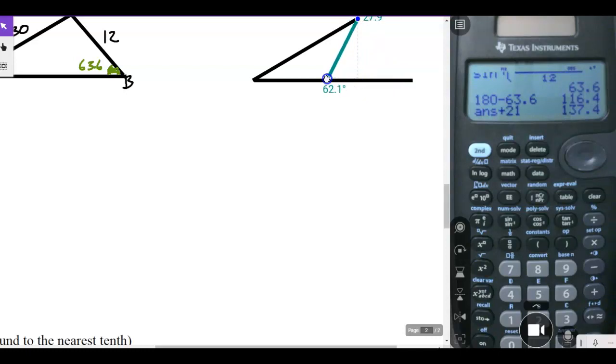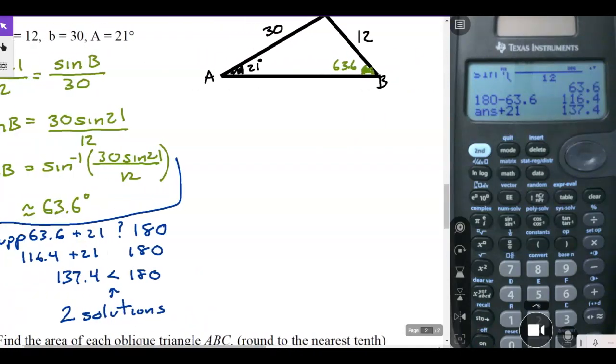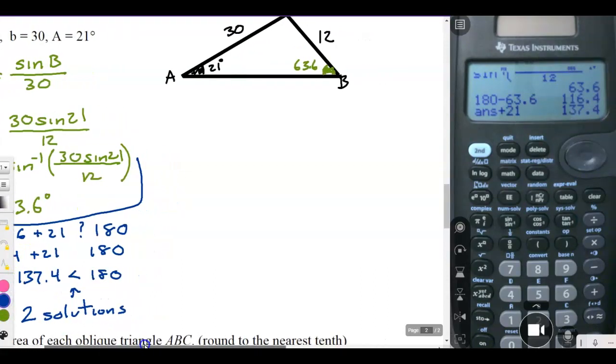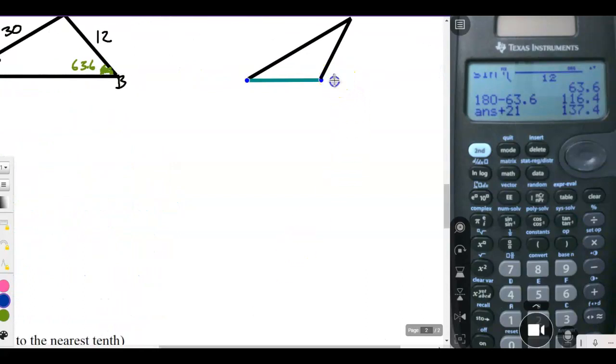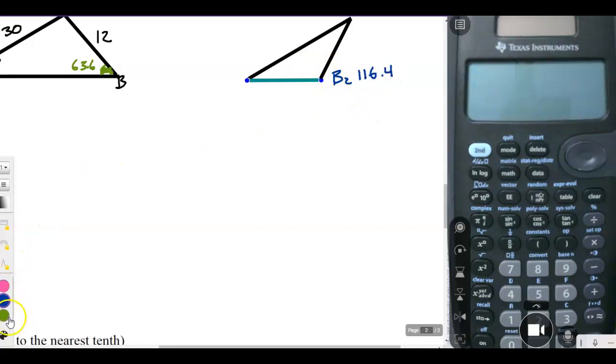So either way, it's just swinging and facing the other direction. So this is my other possibility, and that's why this is 116.4. So I'm going to call this B2, and this is 116.4. We'll call this one B1.